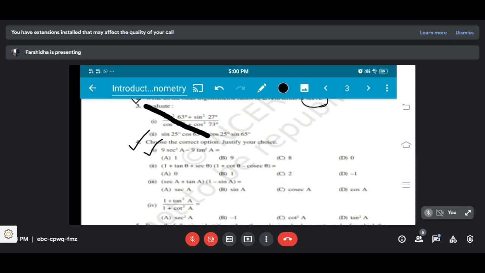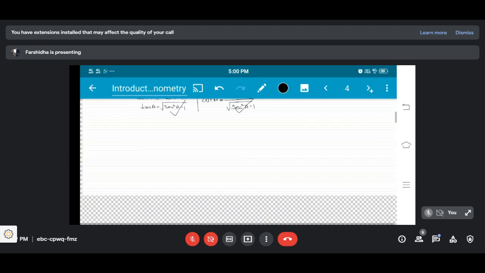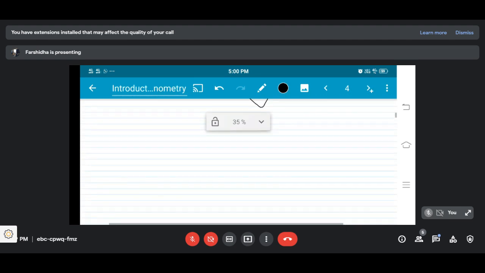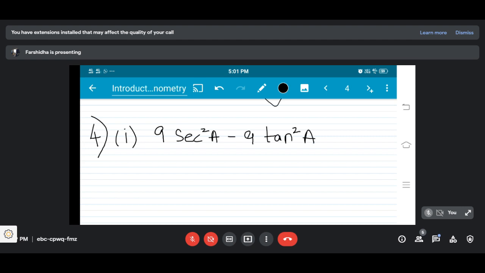Sub question 1. 9 sec square A minus 9 tan square A. So from this we can take 9 outside.